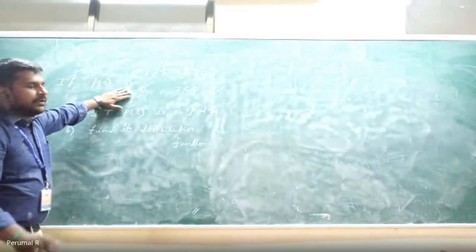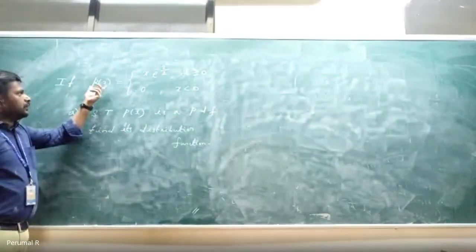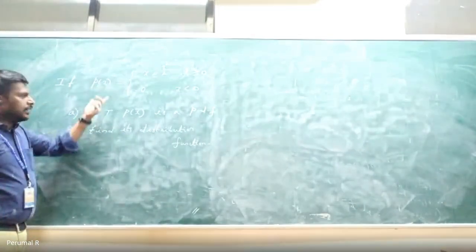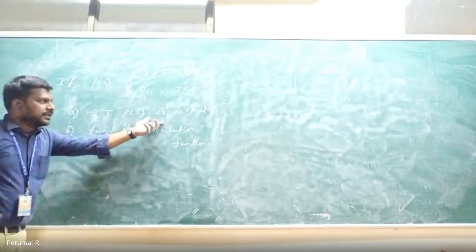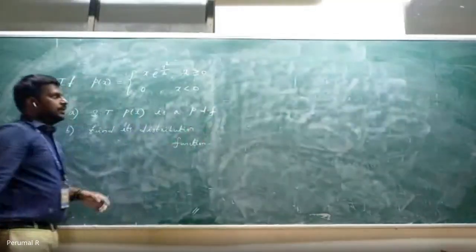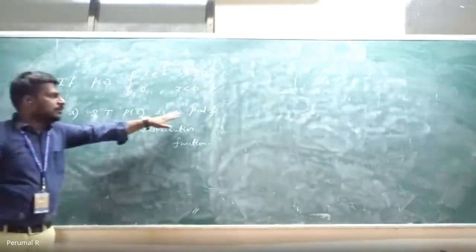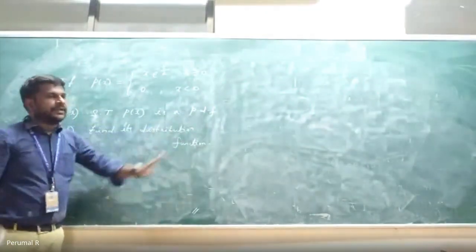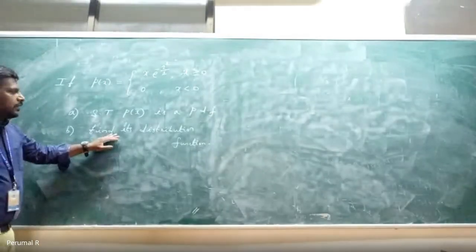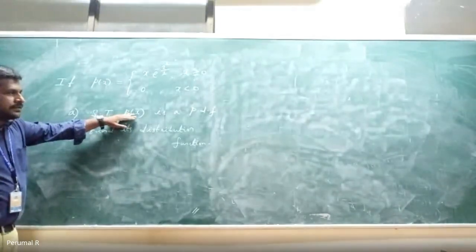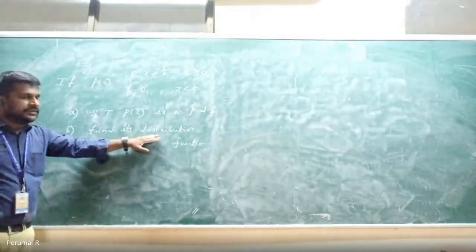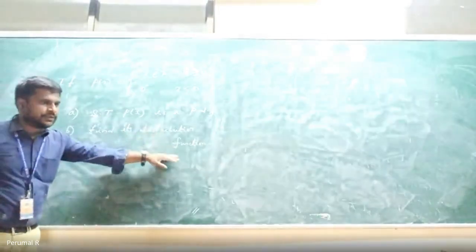So now the question is asking: show that this given function is a probability density function for a continuous random variable. Another part: if it is a probability density function, we should find its distribution function.